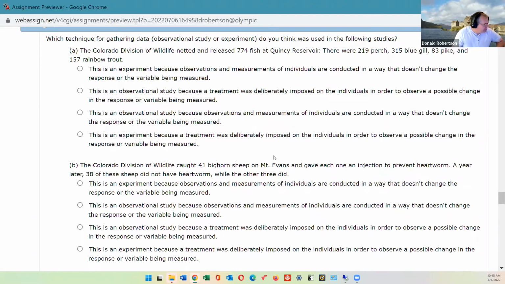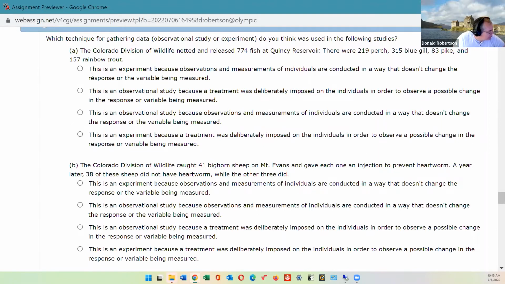So the first one was, the Colorado Division of Wildlife netted and released 774 fish at this reservoir. There were 219 perch, 315 bluegill, 83 pike, and 157 rainbow trout. So I guess they just found out roughly what percentage of each of the kinds of fish live in that lake.